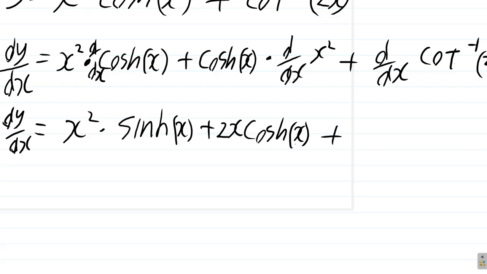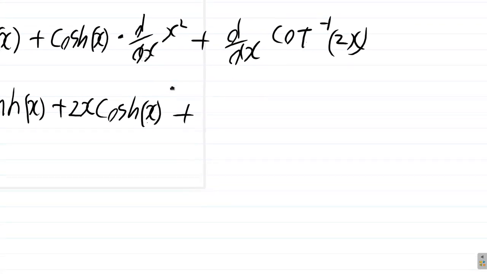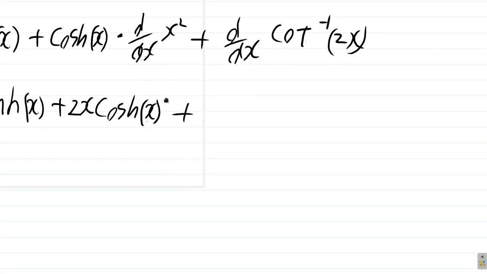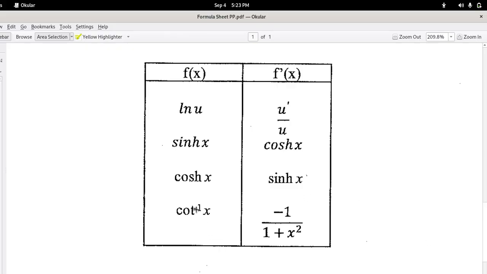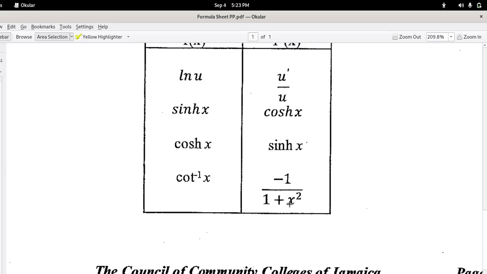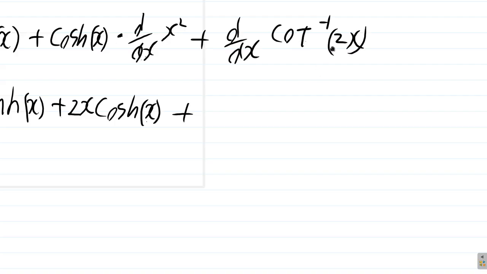Plus, now this part, what is the derivative of the cotangent inverse of something? Let's see. Okay, the derivative of cotangent inverse of x is negative 1 over 1 plus x squared. But this is the cotangent inverse of a function. Let's do a little rough work to the side.